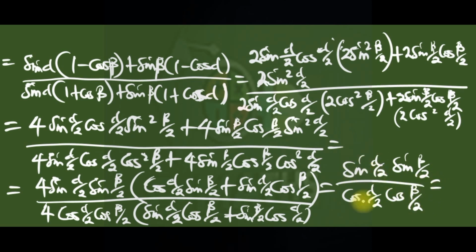As you can see, sine over cos is tan, so we have tan half alpha, while sine over cos is tan again, that's tan half beta. So we've proved that. It's a very tricky question, very tricky.